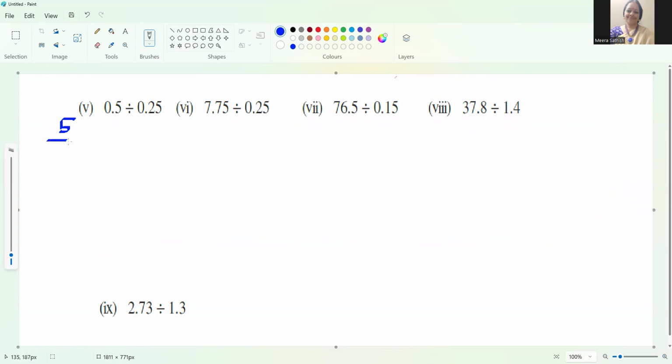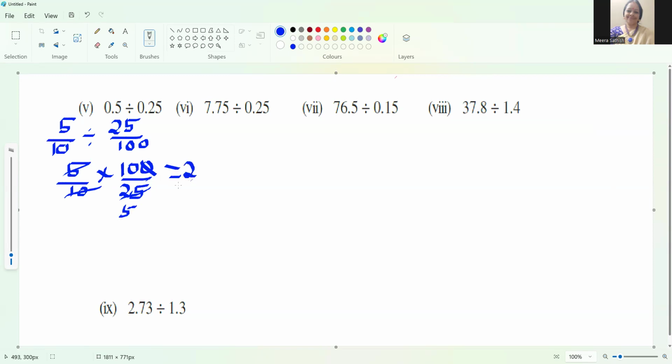So 5 by 10 divided by 25 by 100. Reciprocal. 5 by 10 into 100 by 25. So the 10 you can cut. 5 25s, 5 times 10 by 5, which is equal to 2.